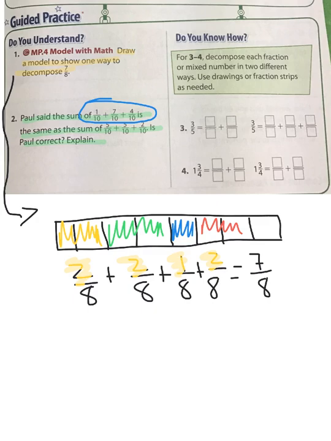So 1 plus 7 is 8 plus 4 more would be 12. So this one equals 12 over 10. We want to know if it's equal to the bottom part. So the bottom part, even though I kind of cut it off a little bit, we have 5 plus 5 plus 2, which also equals 12 over 10. So yes, he is correct.